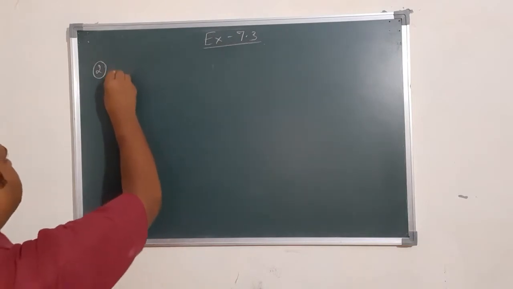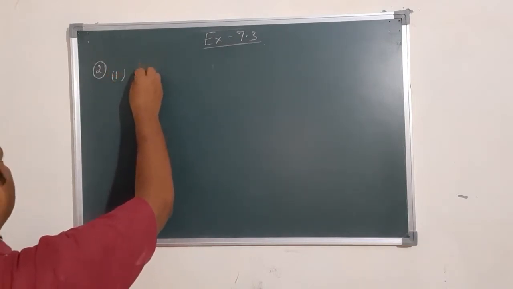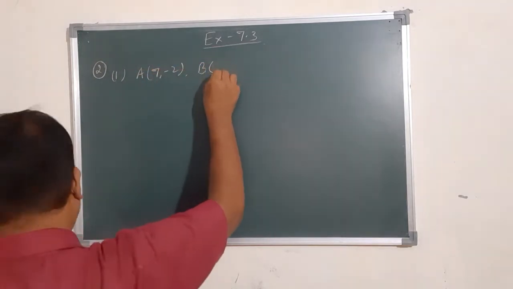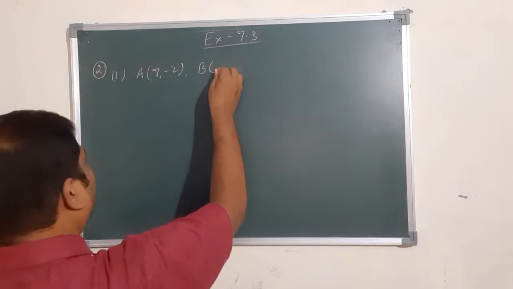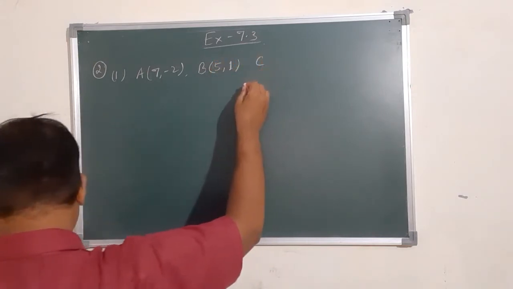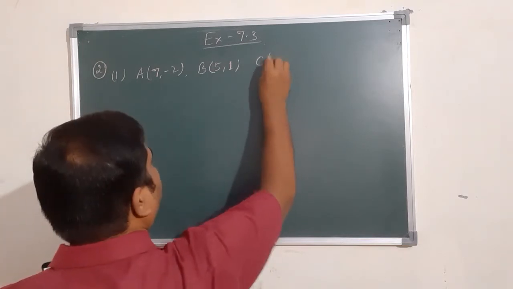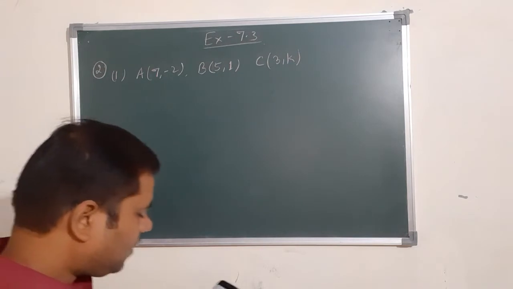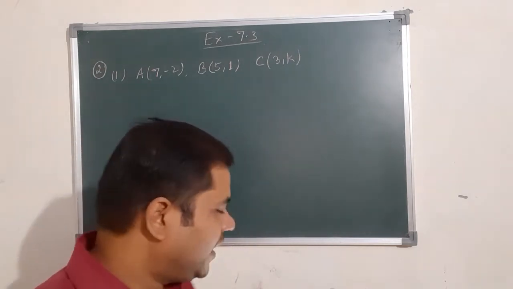Second one, first part, vertices are A 7 comma minus 2, B 5 comma 1, C is 3 comma k. So we have to find the value of k.